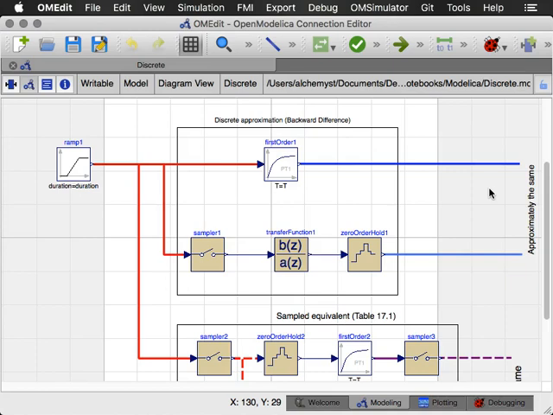In other words, I can only typically get an exact output if I know the actual continuous signal. And in most cases, I am unable to find a discrete system that behaves exactly like the continuous system.